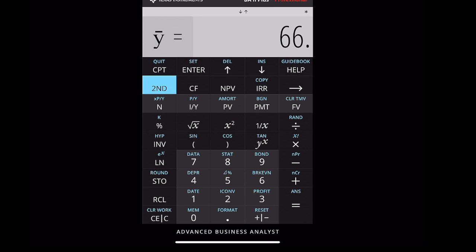This is the sample mean Y. This is its standard deviation. This one we don't pay attention to because that's as though it was a population, but we know we have a sample, so we use SY. And now here's the fun part. What do we have here?